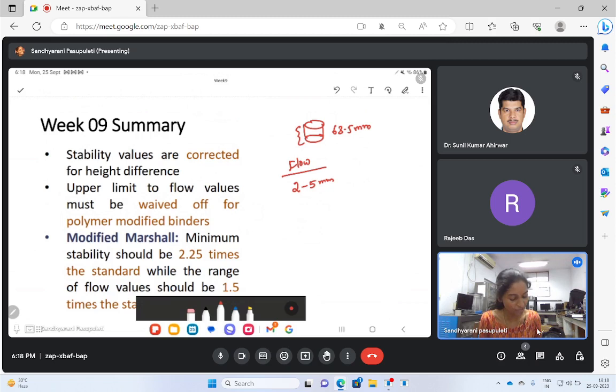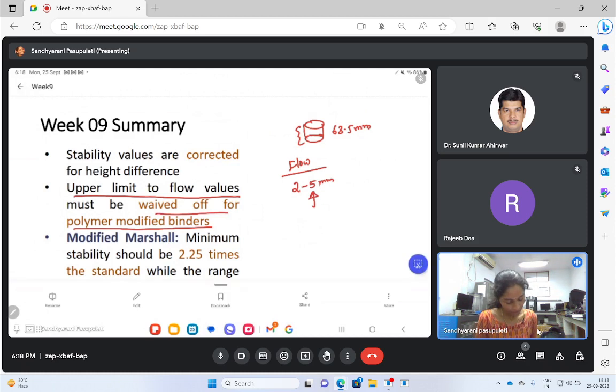So their flow can be more than 5 or anything. In those cases, just based upon the maximum flow value, we cannot say that these modified bitumen mixtures have higher flow and so would be lesser in performance. We cannot say that. So this upper limit for the flow values, especially for polymer modified bitumen, should be waived off.